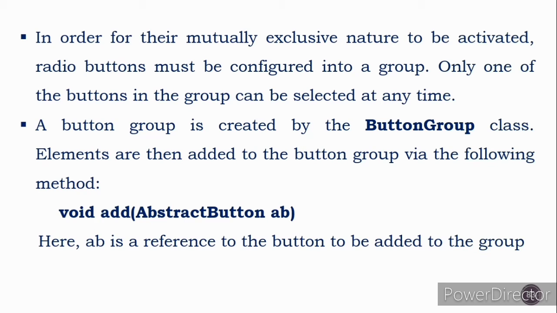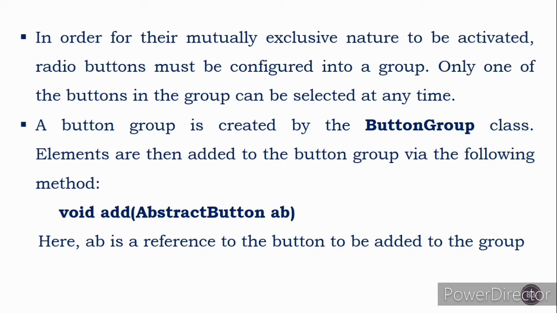In order for their mutually exclusive nature to be activated, radio buttons should be configured into a group. We should create one group of those buttons to maintain the mutually exclusive nature of the radio buttons.